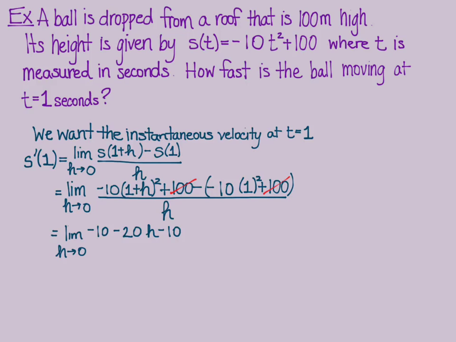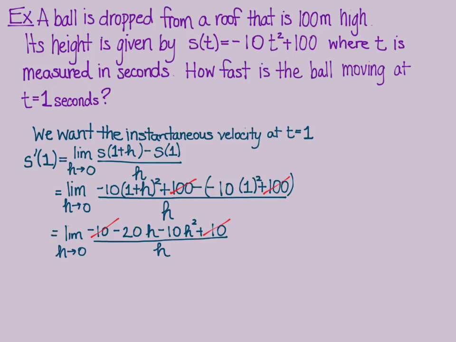So now I'm left with the limit as h goes to 0 of negative 10 minus 20h minus 10h squared, so I've FOILed out the 1 plus h squared and distributed negative 10 all the way through, plus 10 because that's remaining in the second term of the numerator. And all of this is over h.